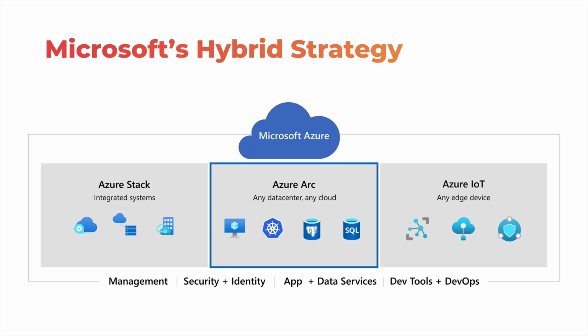Now, I should also mention that Microsoft is again very unique when it comes to this hybrid and multi-cloud strategy. While there are a lot of offerings available in the market to manage Kubernetes clusters and modern infrastructure through the public cloud, Microsoft has gone a step further and enabled legacy machines running on bare metal and virtual machines to be registered with the public cloud and treated like first-class citizens of the public cloud.